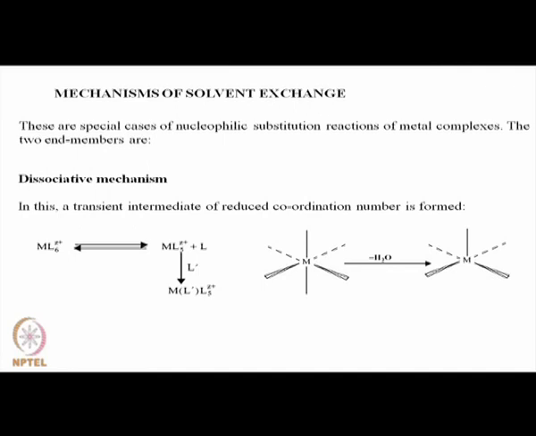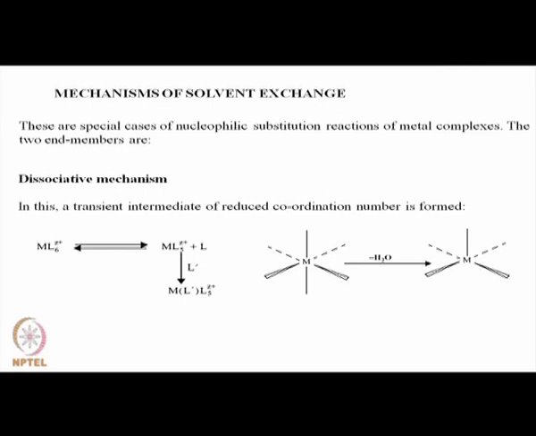Now, let us come to the mechanisms of the solvent exchange process. These are special cases of nucleophilic substitution reactions of metal complexes, and the two end members are as I explained over here.